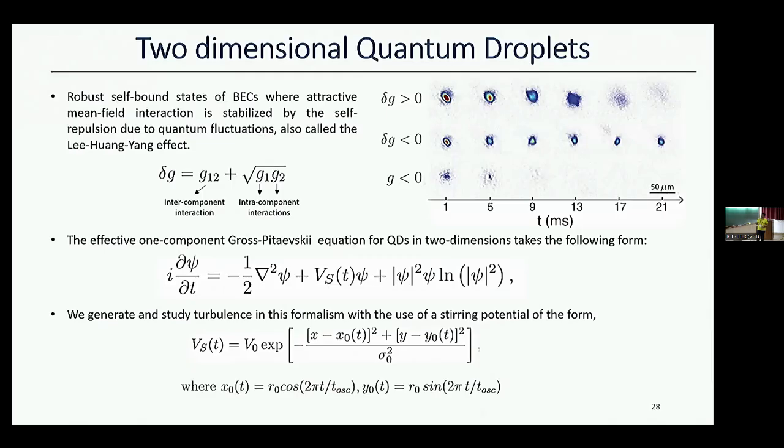We will solve this set of beyond mean field equations for different configurations of the vortices. And how will we generate the vortices? We follow the laboratory experiment where some sort of stirring potential is used to stir the superfluid, and that generates the vortices.